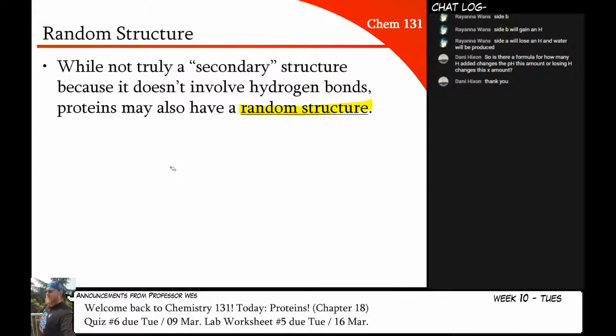But whether or not hydrogen bonding is involved, any part of the structure that just coils about randomly in space, we will call a random structure. You might see sources call this a random coil. A random coil would just be, oh, it doesn't coil enough or efficiently to look like an alpha helix.